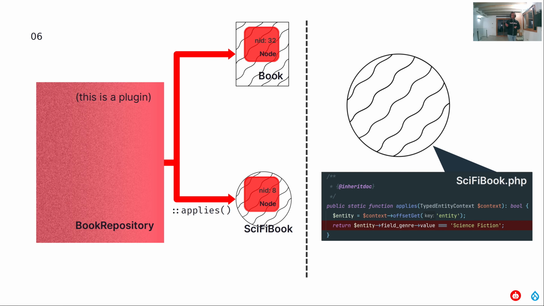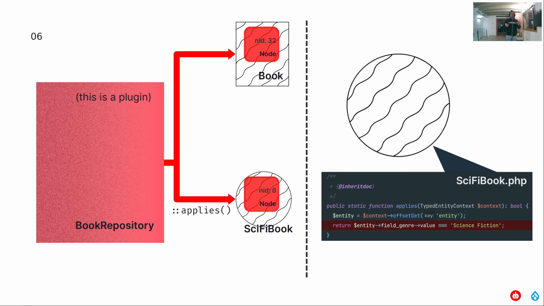It does it via an applies method. So all variants, in order to be eligible for being used, need to implement a specific interface, and that interface will force you to put this applies method. There, what you will do is just return true or false. You have an entity with a context, and you check for properties or things in that entity, fields, or whatever, and you say yes, this applies for the class that houses this method.